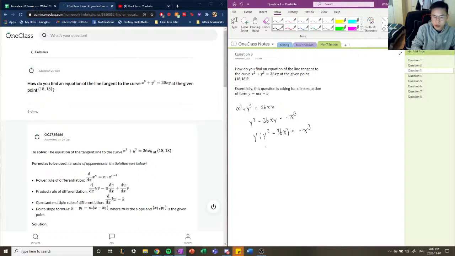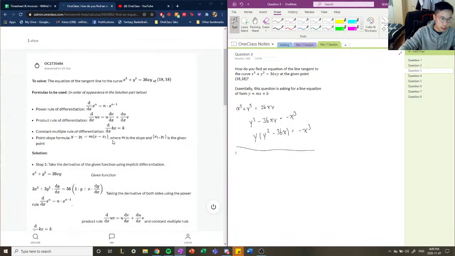So implicit differentiation, in fact, leaves the equation as it is, and instead we try to isolate for y prime. I'll show you guys how it works, okay? The junior tutor here used the solution of implicit differentiation, so I'll also use it too. Let's say our equation is x cubed plus y cubed equals 36xy. We're going to differentiate all the terms here in terms of d over dx.